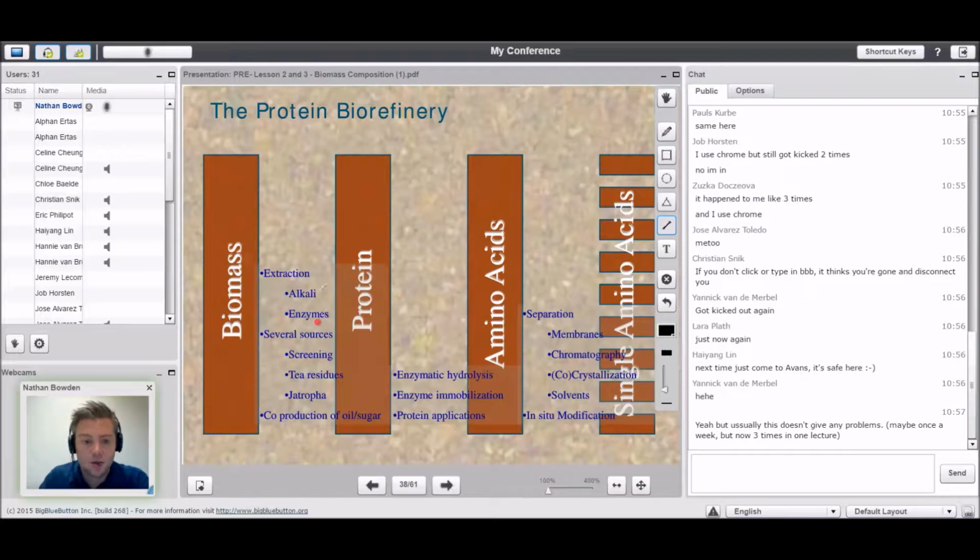And each step brings more added value. So you're going further and further up the bio-based pyramid. But it also costs a lot of money to do this. Chromatography costs millions of euros. Large columns cost a lot, and that's just to run them. It costs millions and millions.